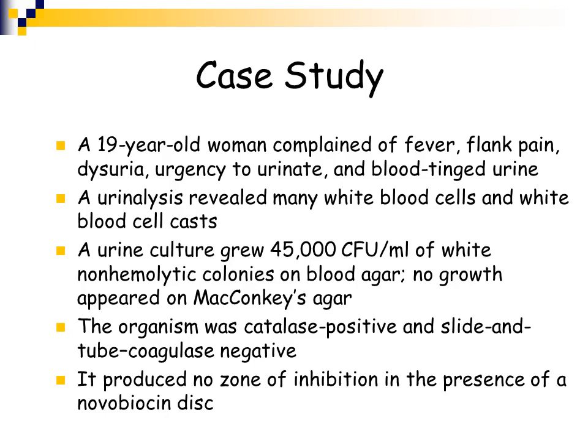Since it's a gram-positive organism, the very first test you want to do is a catalase test. This organism was catalase positive, so it is indicative that it's a Staphylococcus. The next thing you want to do is a coagulase test, and in this instance the coagulase test was negative, so you know it is not Staphylococcus aureus.